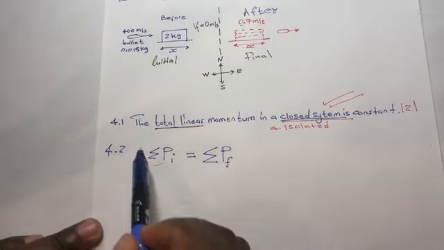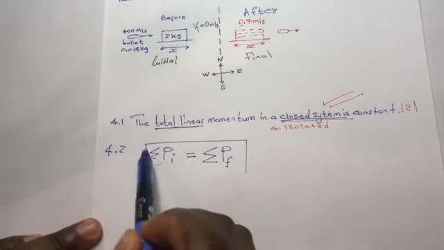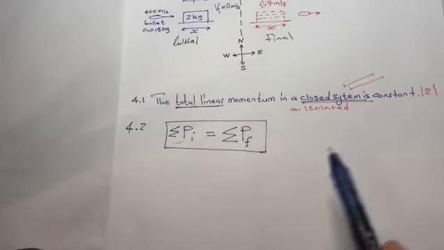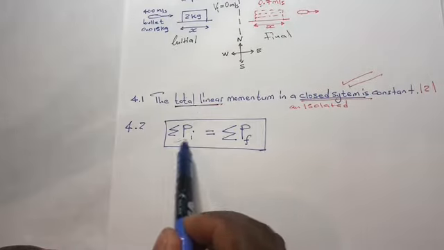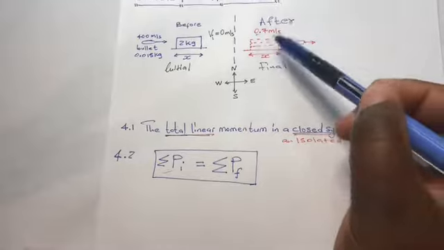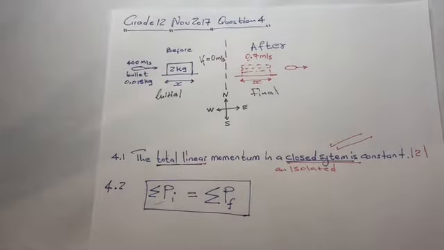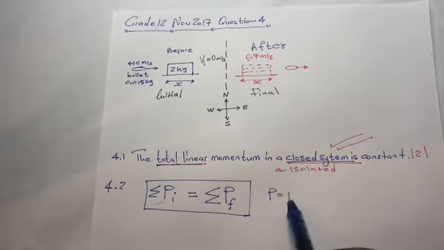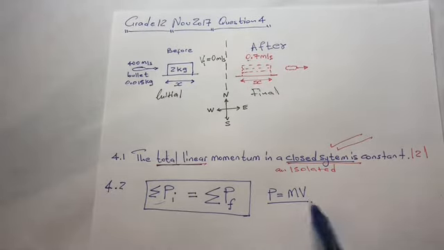This is the general formula for momentum in an isolated system, and we can expand it using the information on the given diagram. We know that momentum p is equal to mv, which we know from grade 11.